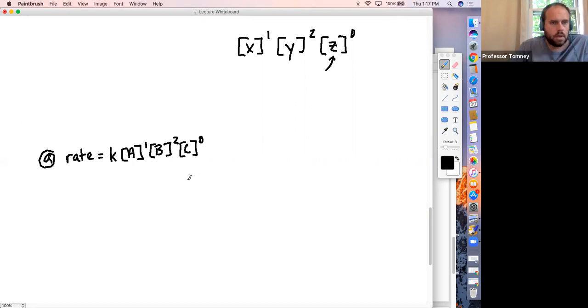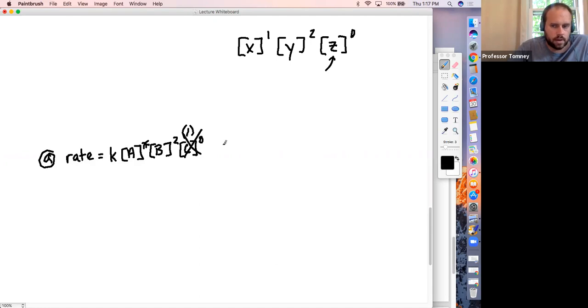When A is raised to the first order, that means whatever is inside of A is what's going to exist there. So I can drop this value because that'll be implied. And if C is to the 0th order, that means that this value will always become 1. And anything times 1 is itself.